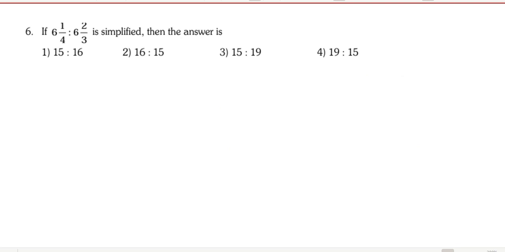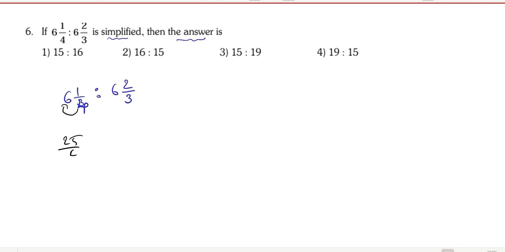Sixth question. If 6 whole 1 by 4 is to 6 whole 2 by 3 is simplified, then the answer is... We are given a ratio in terms of fractions, 6 whole 1 by 4 is to 6 whole 2 by 3. As these two are mixed fractions, I am going to convert them into improper fractions. The denominator into the whole number, that is 6 into 4, is 24, plus 1, 25.